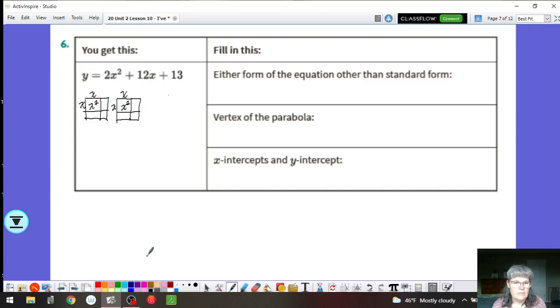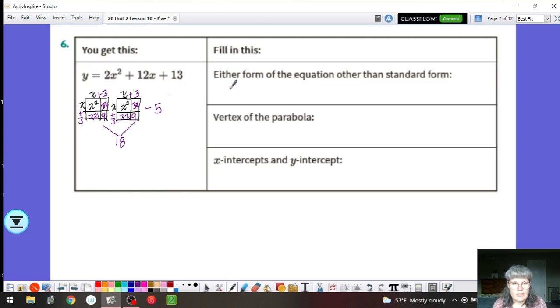So if I take 12 and divide it by 4, I'm going to get a 3x in each of these rectangles. So that means my dimensions are x plus 3 by x plus 3. That gives me units of 9 and 9 for a total of 18. But I want to get to 13, so I have to subtract 5 from my 2 squares.